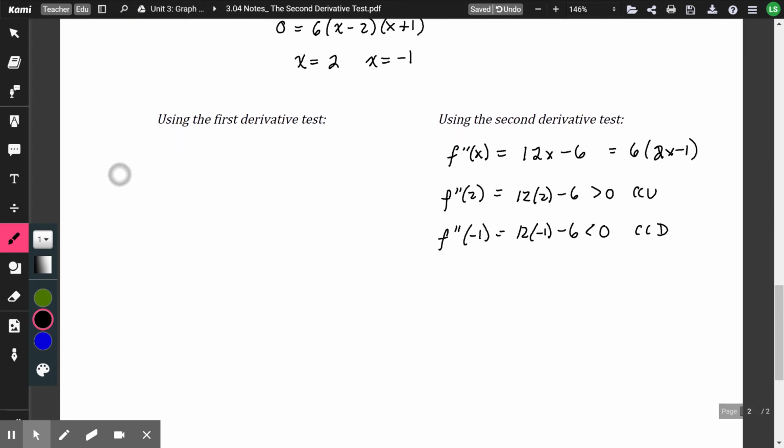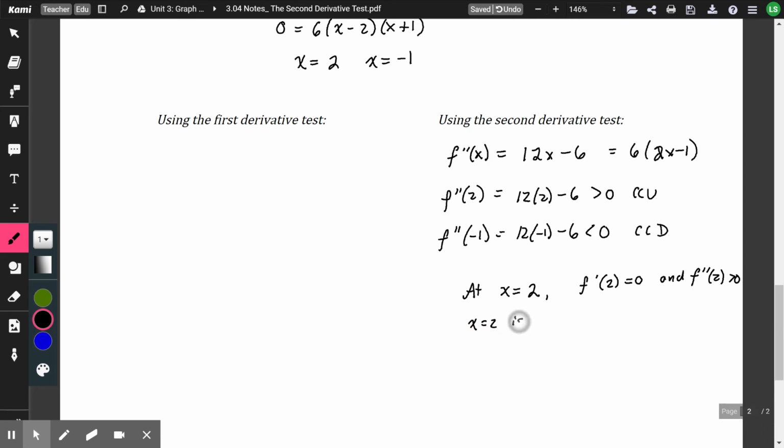So what we know is we have a concave up section at x equals 2, so we have a local minimum there. So we can say something like at x equals 2, f prime of 2 is equal to 0. We found that up in the top part, finding our critical values. And f double prime at 2 is greater than 0.